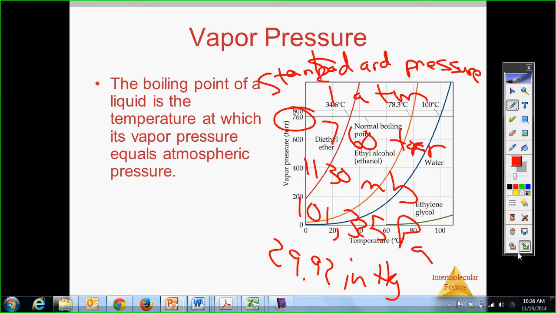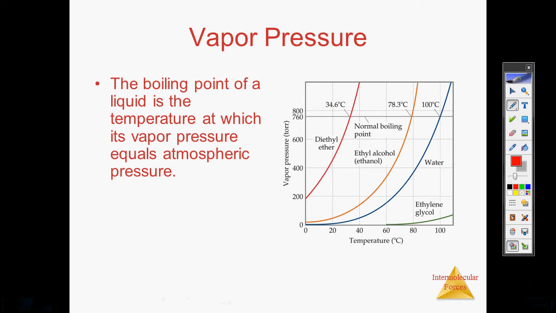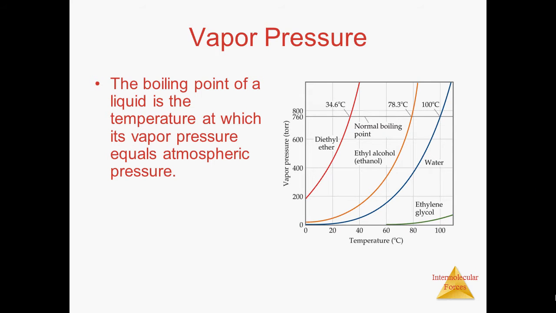So, with that being said, let's take a look at these three substances. We have dimethyl ether, ethanol, and water, and ethylene glycol, we have this here too, little guy stuck under the rug there.